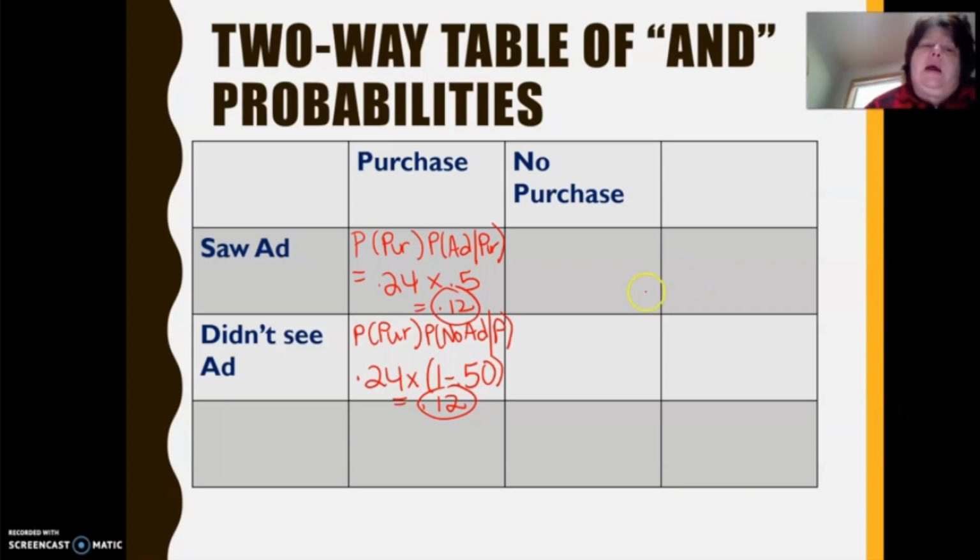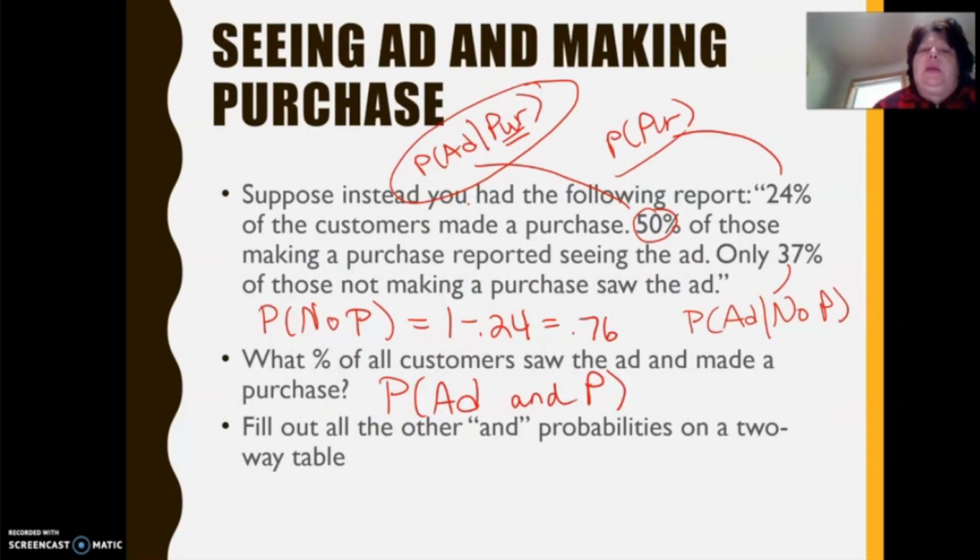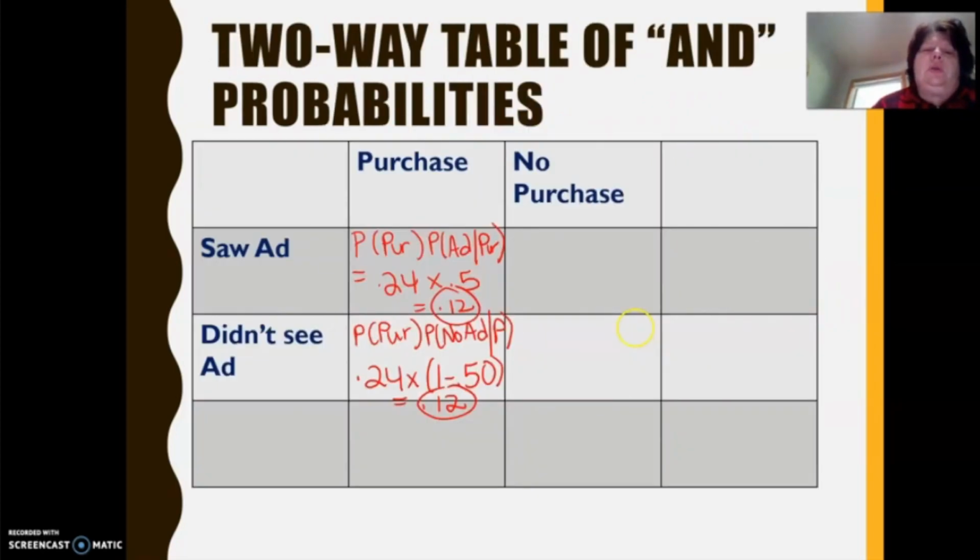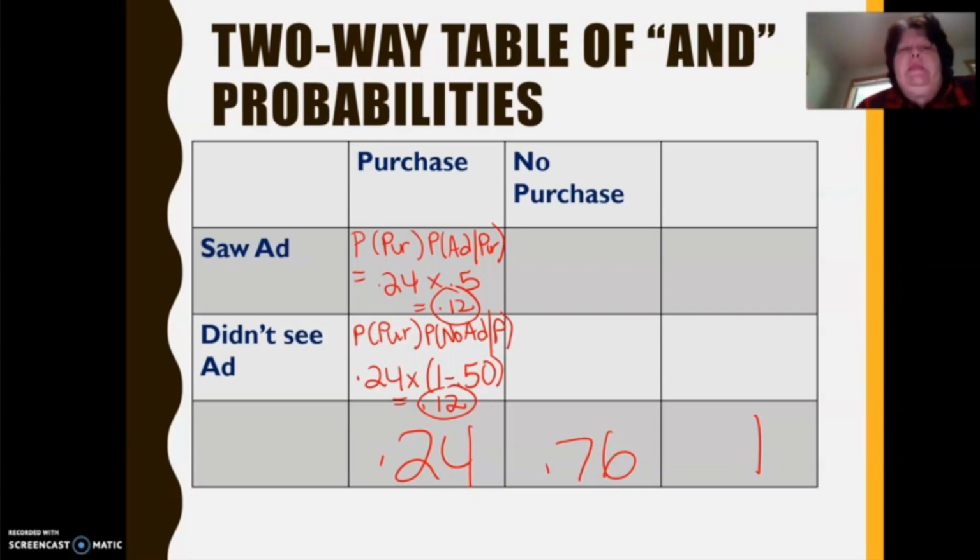And then we had, for the ones that made a purchase, we have 0.24 total. So we know that. They sum to 1, so this has to be 0.76. And then saw the ad given no purchase times probability of no purchase is the next one.